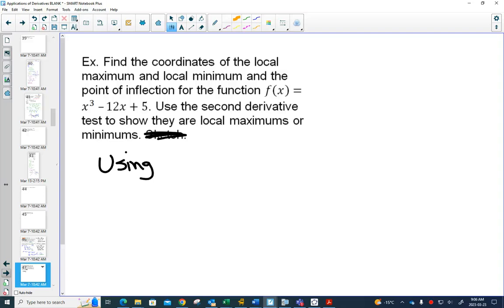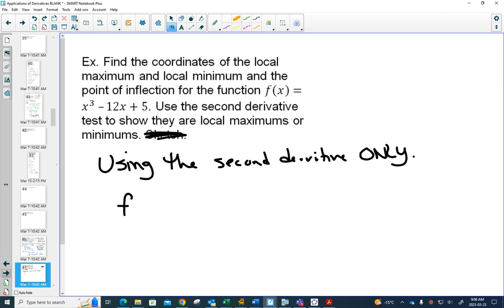Okay, so using the second derivative test only. What would this look like? Well, we would find our first derivative just like normal. We wouldn't do any preliminary stuff, so I go right to green. First derivative: 3x squared minus 12.